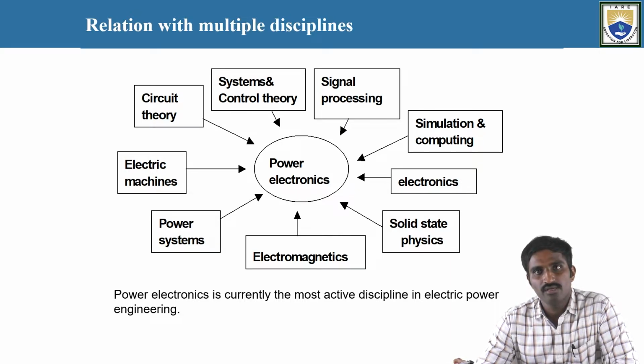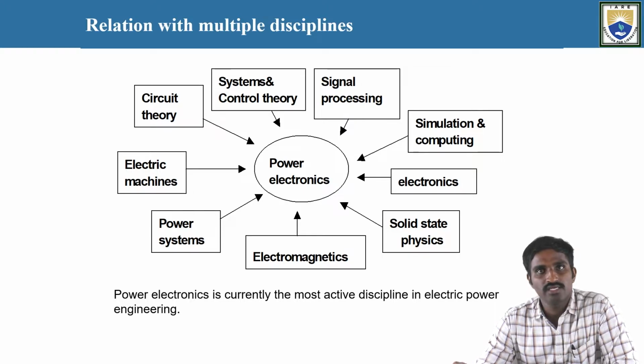As you can see, power electronics is related with many other courses, some of which we have already studied, and some others we are going to learn. The courses related with power electronics are circuit theory, systems and control theory, signal processing, simulation and computation, electronics, solid state physics, electromagnetics, and power systems and electrical machines.